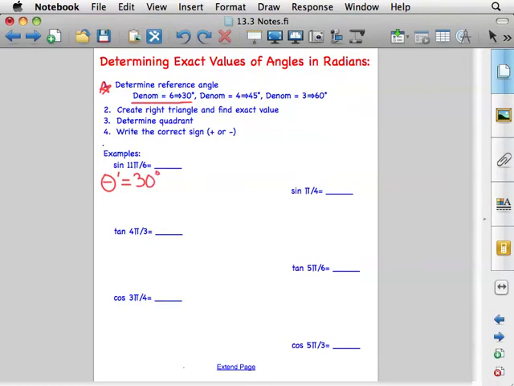Now the only thing I need to figure out is which quadrant this would be in for 11 pi over 6. So I can draw or sketch that angle. Well, 11 pi over 6 is really 1 and 5/6 of pi. Remember, if I'm working in radians, I start at 0 and halfway is pi.